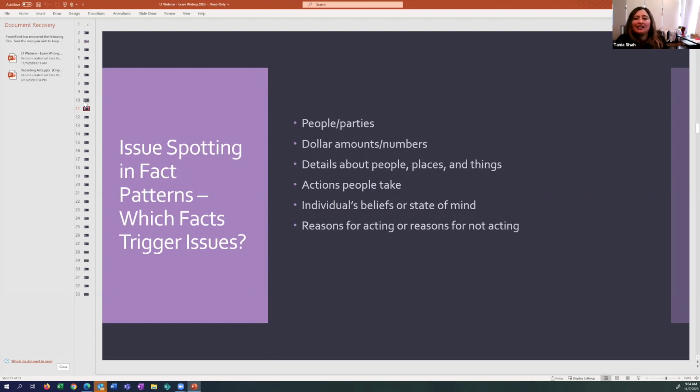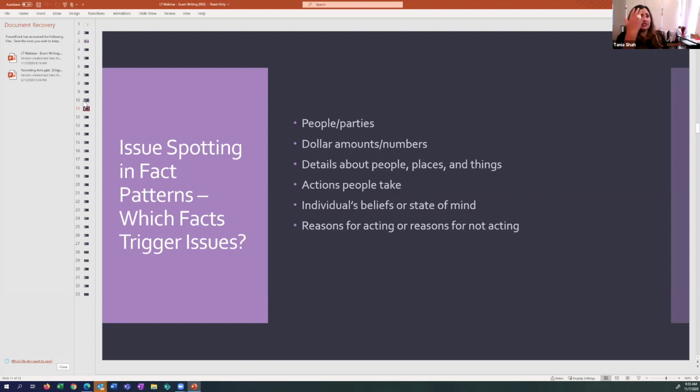Belief or state of mind really comes into play when we take into account intent. For example, if you're in criminal law, or in torts, is this negligence? Is this an intentional tort? Is this strict liability? Criminal law, what does the mens rea have to be? Specific intent, general intent, and reasons for acting or not acting.